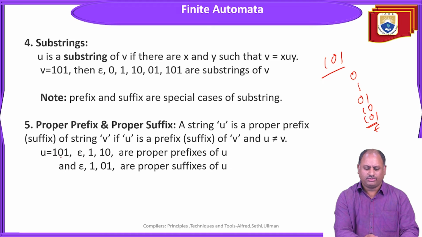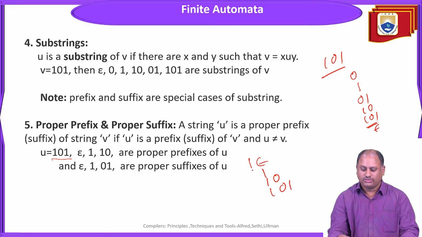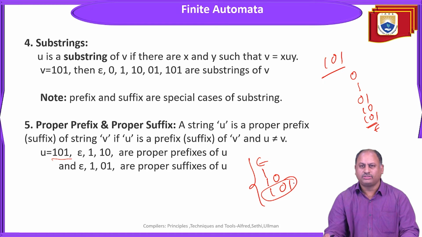Previously we calculated the prefixes of 101: epsilon, 1, 10, 101. Out of these we exclude the given string, and the remaining are all considered proper prefixes. A proper prefix includes all the strings except the given string.